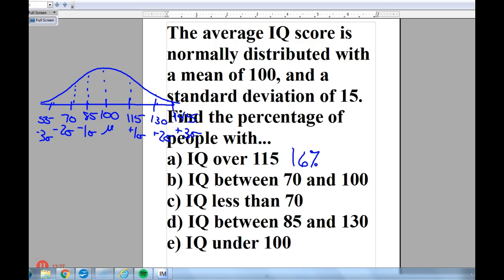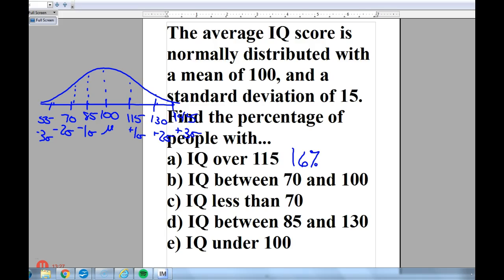For A, could you in theory also take 50% and then minus the 34? You could do a whole bunch of different things. Yes, so she's saying 50% minus the 34. I know that half are above there, and I don't want this section. So 50 minus this section would lead me to those three sections, right? It's just easier.